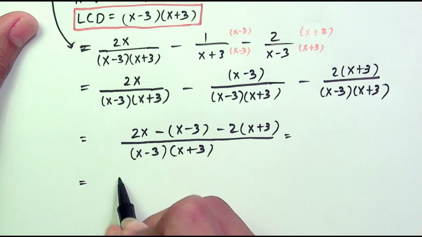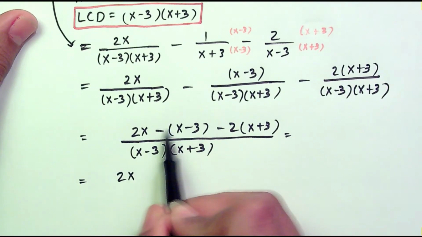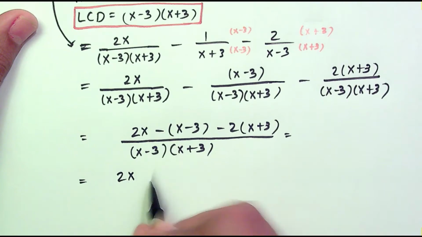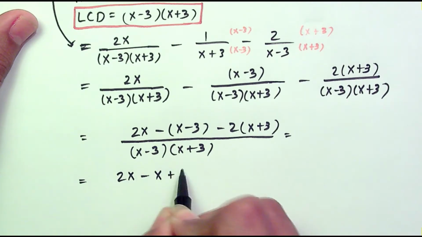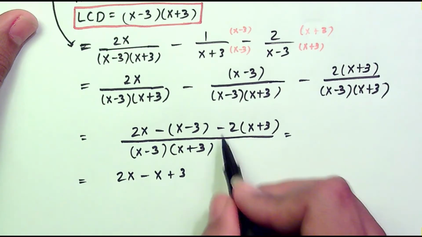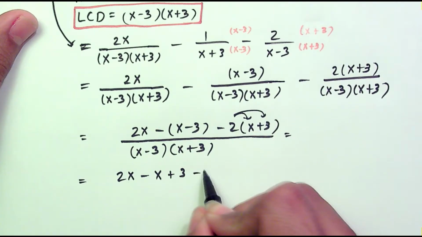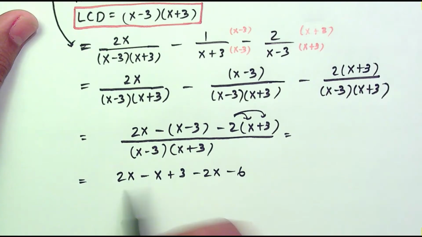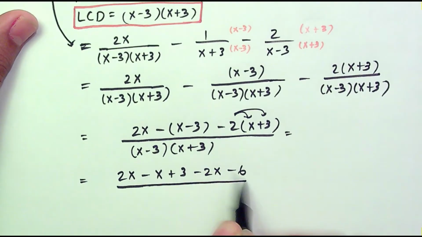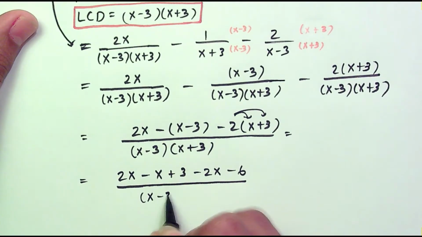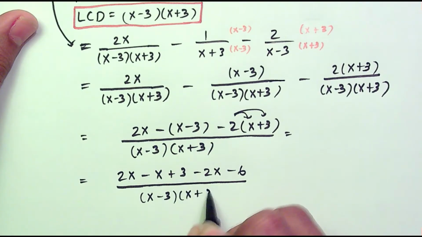Okay, now let's simplify. This negative has to be distributed, so this is going to be minus x plus 3, and then distributing here, this is minus 2x minus 6. And then just copy the bottom.